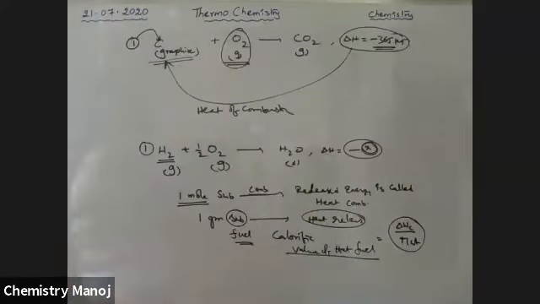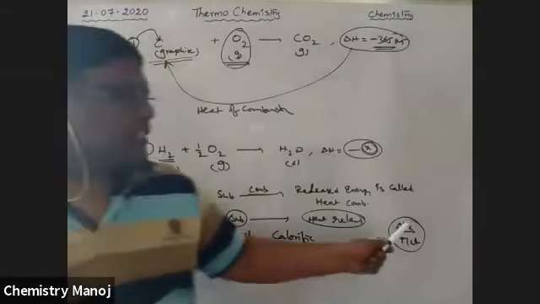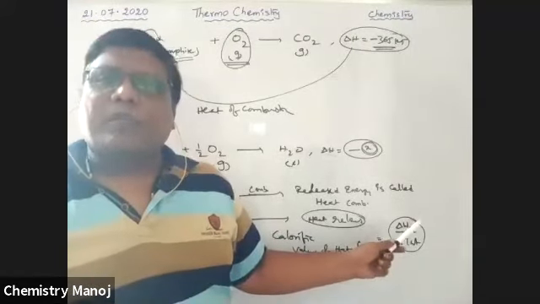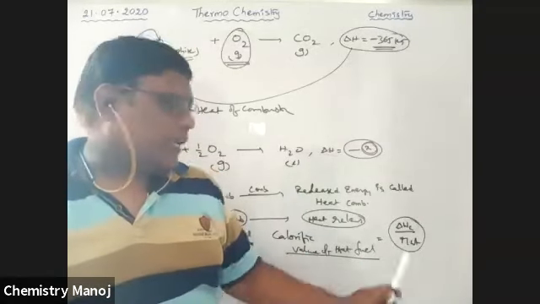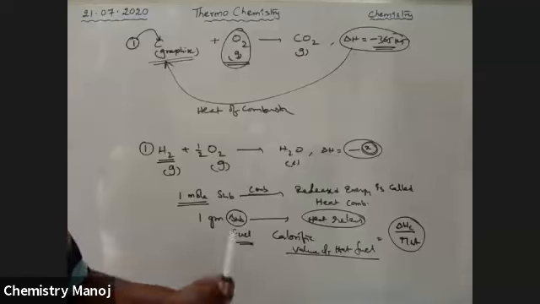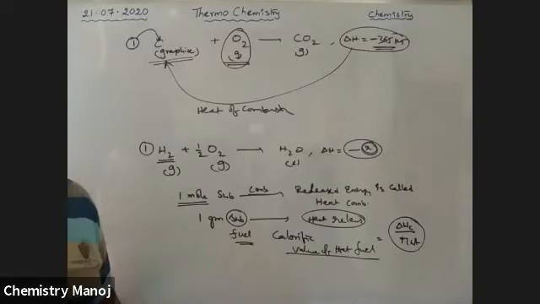Delta H combustion is for 1 mole, but dividing by molecular weight gives it for 1 gram. So the heat released for 1 gram of the substance is called the calorific value of that particular substance.